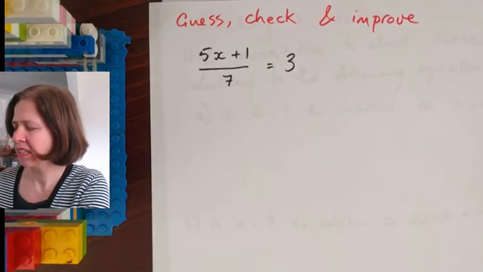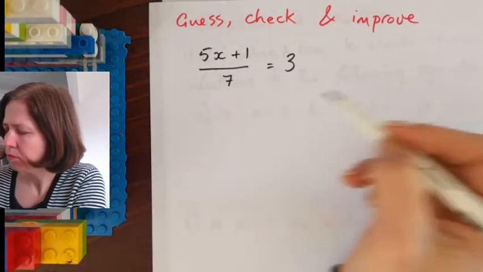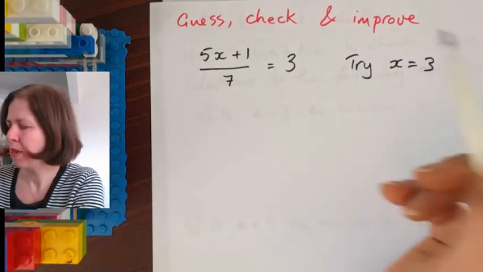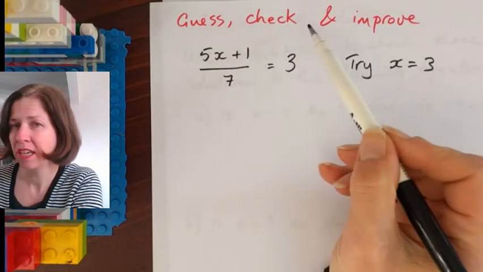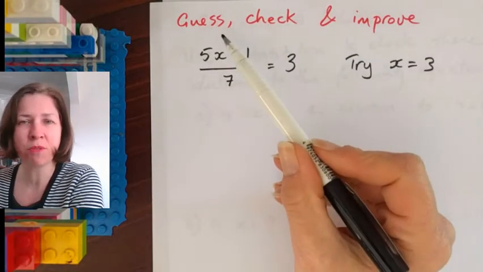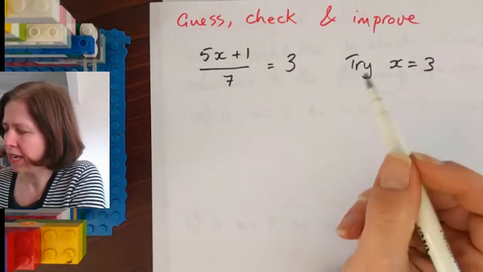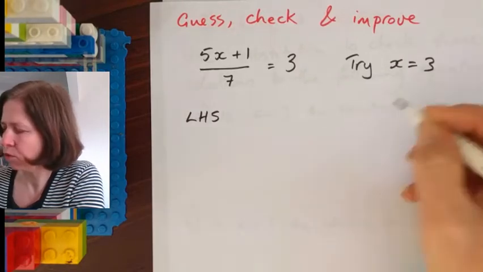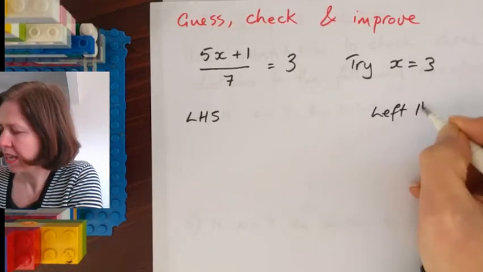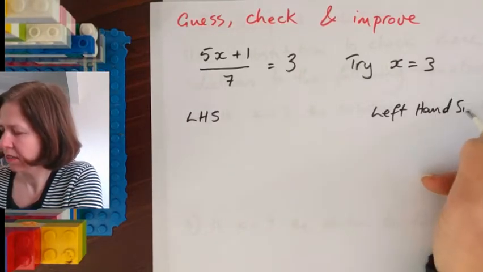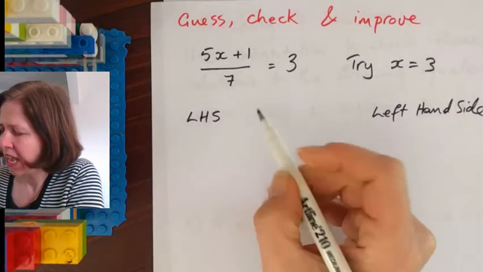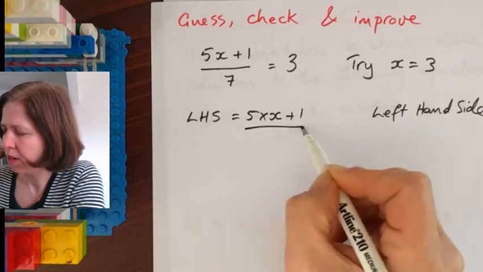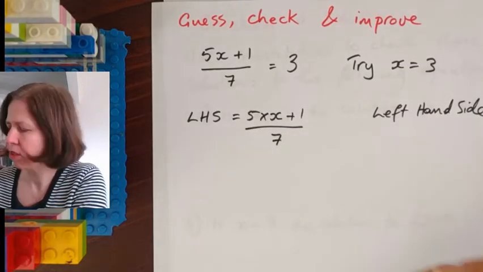Let's try x is 3. Because this method is called guess, check, and improve. So I've guessed 3. Now I have to check if it's right. So on the left-hand side, LHS stands for left hand side, I'm going to have 5 times x plus 1 divided by 7, but x is going to be 3.